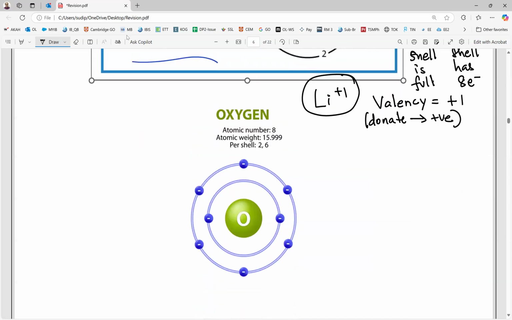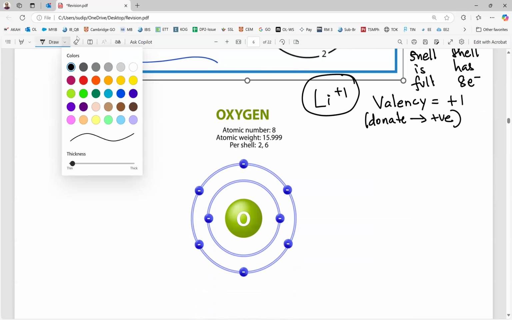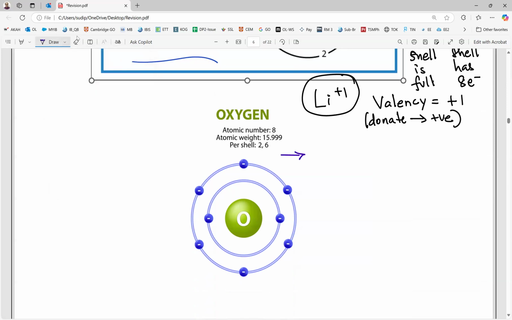Now come to oxygen. Let us understand oxygen also now. So in oxygen, what happens now? If we look at oxygen, it technically has valence electrons in the last shell. If you count the valence electrons, there are 6 electrons. You see these electrons, 1, 2, 3, 4, 5, 6.